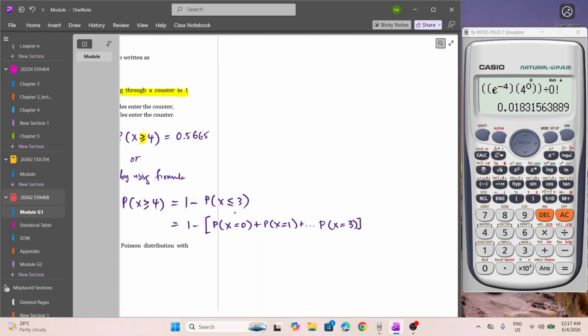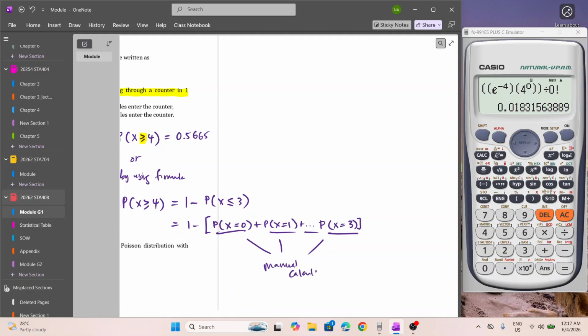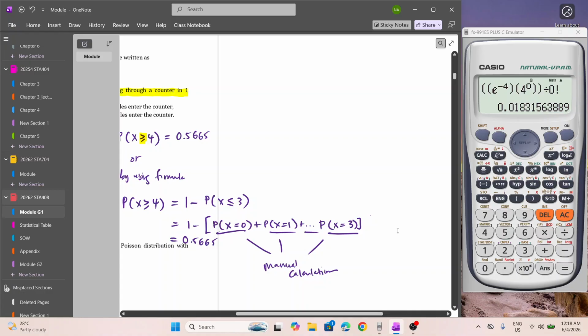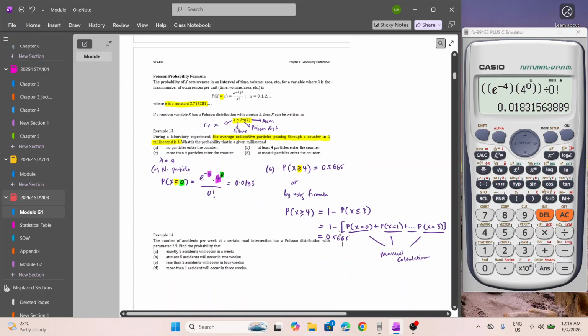So you need to calculate all of these, 0, 1, 2, 3, manually, and then 1 minus everything here, and you should get the same answer, 0.5665. So that is for question B.